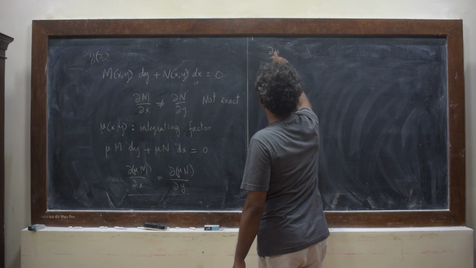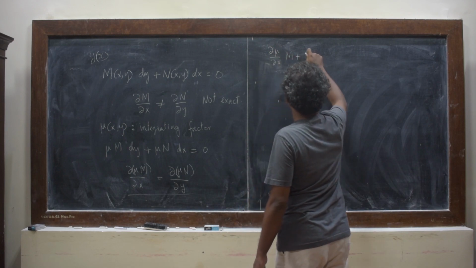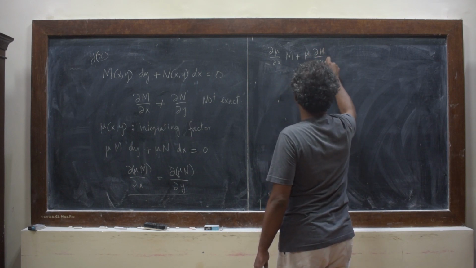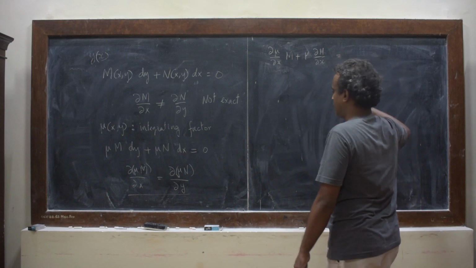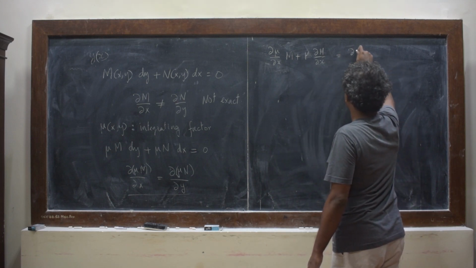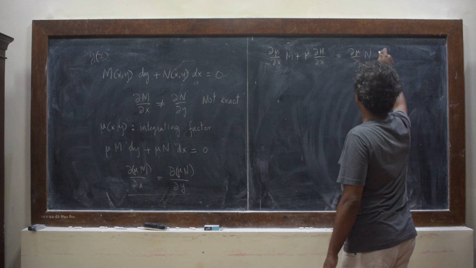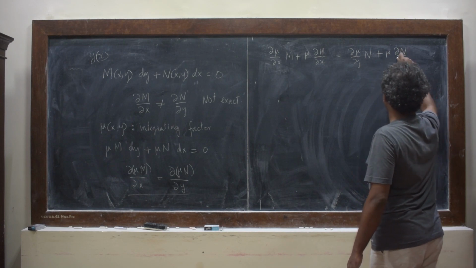On the left hand side we get del mu by del x into M plus mu into del M by del x, while on the right hand side we get del mu by del y into N plus mu into del N by del y.